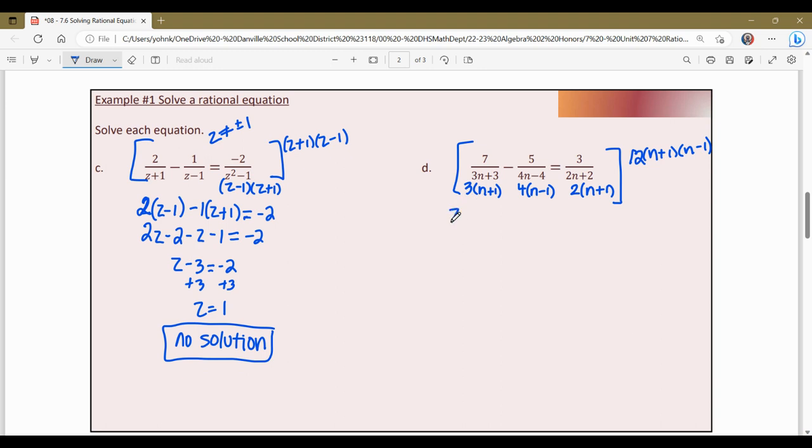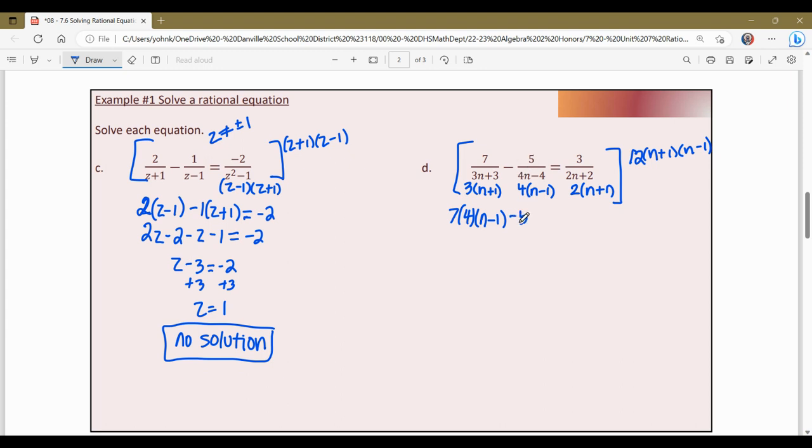So I've got that 7 there. When I multiply, the n plus 1s go away. And the 3 goes into the 12 4 times, so I have a 4. And I need an n minus 1. So again, I saw that 3 went into 12 4 times. That's where the 4 came from, and an n minus 1.